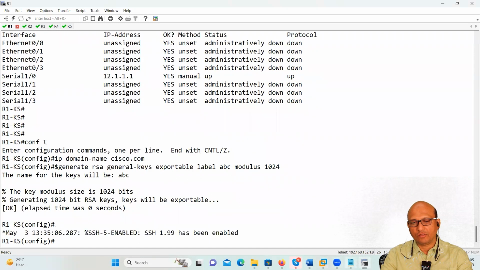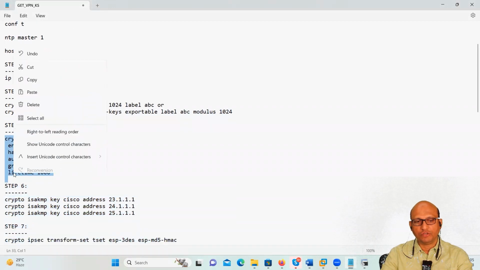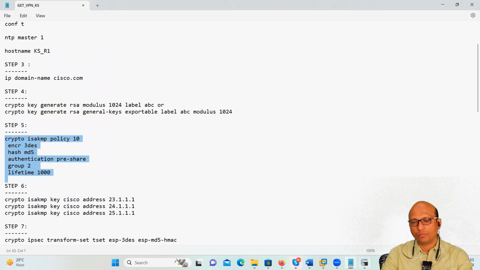We'll generate the keys actually. Go for this command. You know this command. So we used it in site-to-site VPN also.